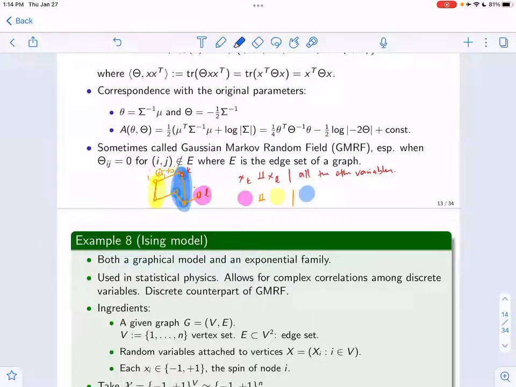And the reason is that the blue set separates all the paths from the yellow part to the purple part.